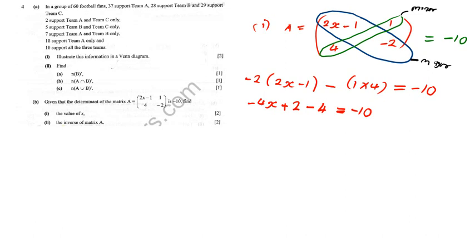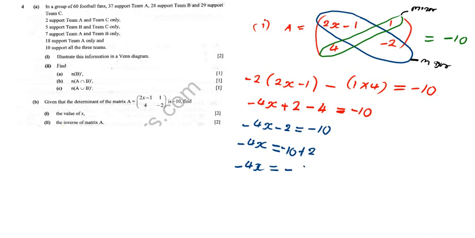So we have negative 4x, and 2 minus 4, I'm getting a negative 2, is equal to negative 10. Collecting the like terms, negative 2 goes where there is negative 10, and after crossing the equal sign, it will be positive 2. So I have negative 4x is equal to negative 10 plus 2.